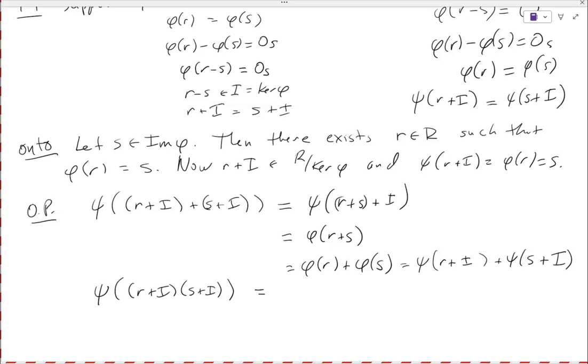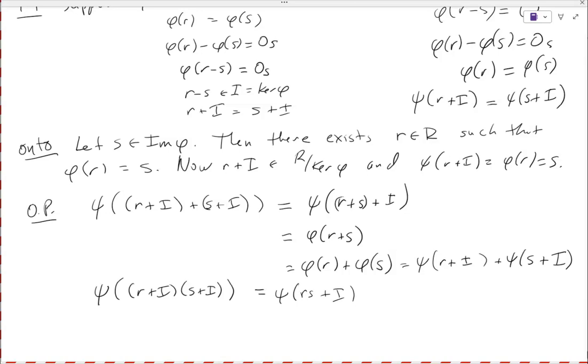Is the second operation preserving proof going to be any different? Just change a plus sign, right? So how can you rewrite R plus I times S plus I? Yeah, so yep, psi of RS plus I, yep.